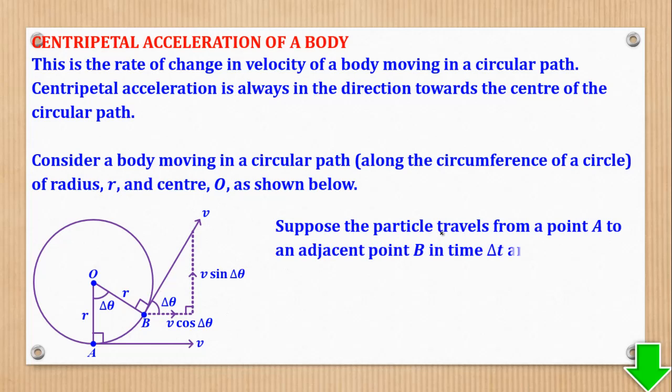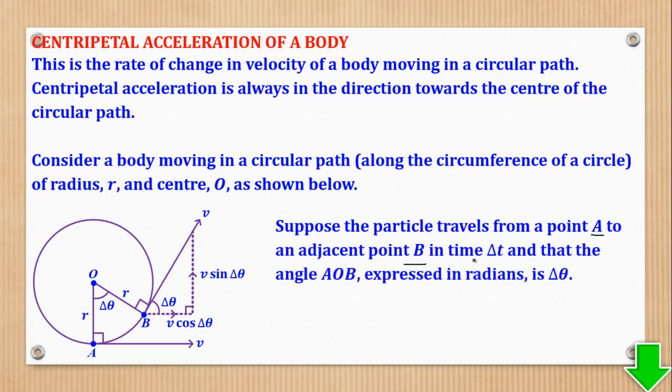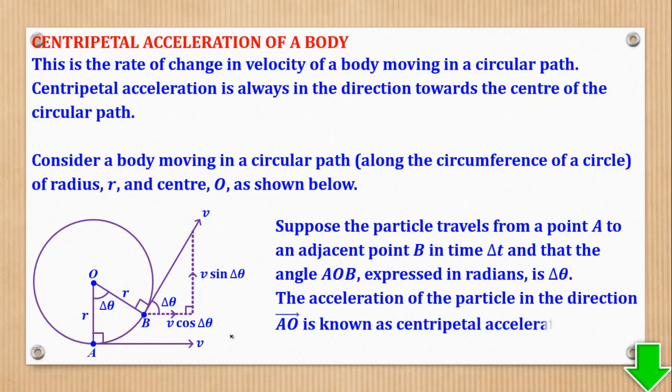Now, suppose that the particle travels from point A to point B in time delta t, and that the angle AOB expressed in radians is delta theta, as we have seen here. That means that the acceleration of the particle in the direction, note this word, in the direction AO, when it is at this point, the center is here, so the acceleration should be in the direction AO.